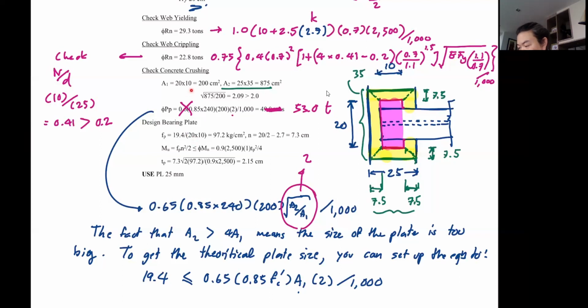The A1 is the area of the plate. When you design the concrete crushing, you have the factor to help increase the load carrying capacity of the concrete, because it's not going to fail at A1, it's going to fail somewhere deeper. But when you come back to the plate, it's now the plate area. So this divided by the actual area of the plate will give you the uniform load.